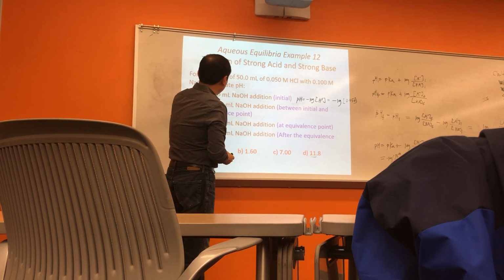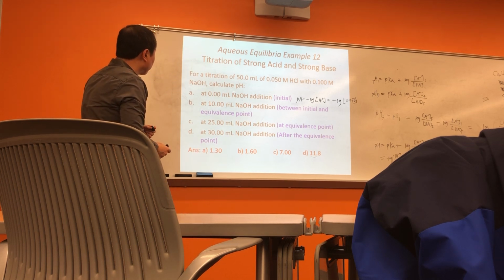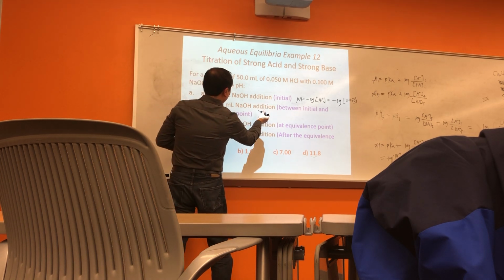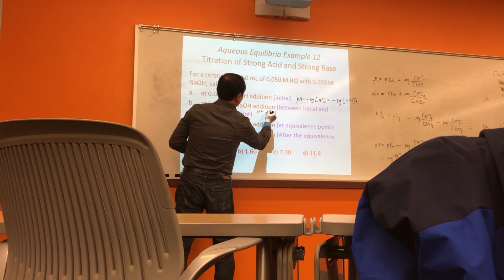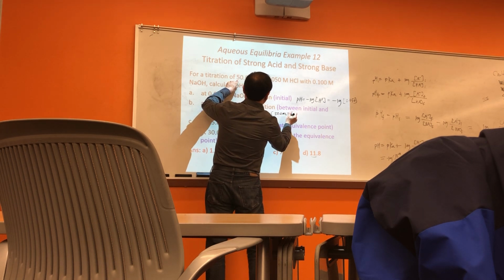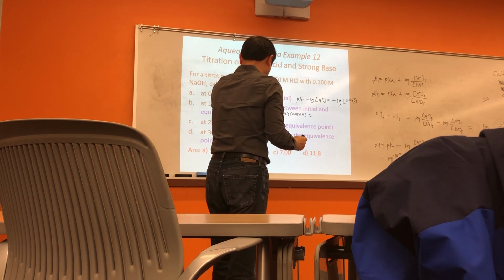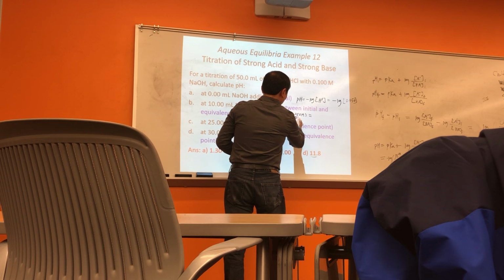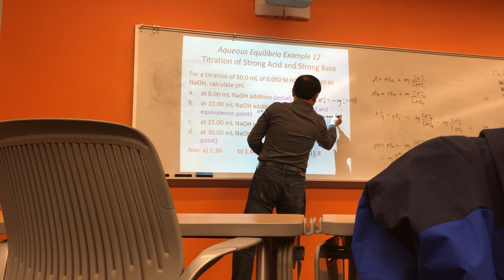But if you add 10 milliliters of sodium hydroxide, then we have this guy, 50 times 0.05, which means 2.5 millimole.